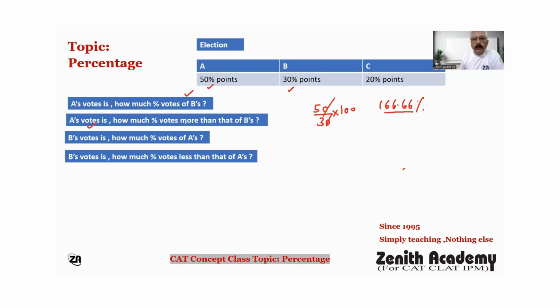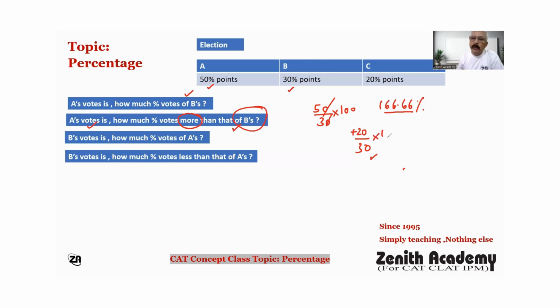A's vote is how much percent more than that of B's? It is with respect to B. So when B is getting 30, A is getting 50, meaning A is getting 20 points more than B, meaning A is getting 20% of the total votes more than B. So when B got 30, A got 20 more.